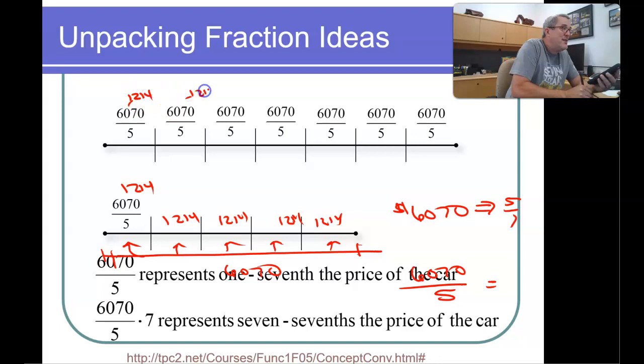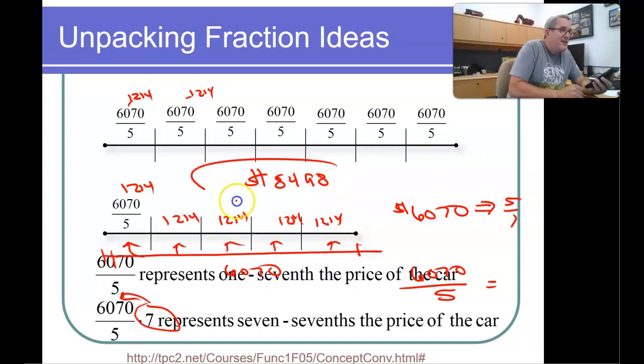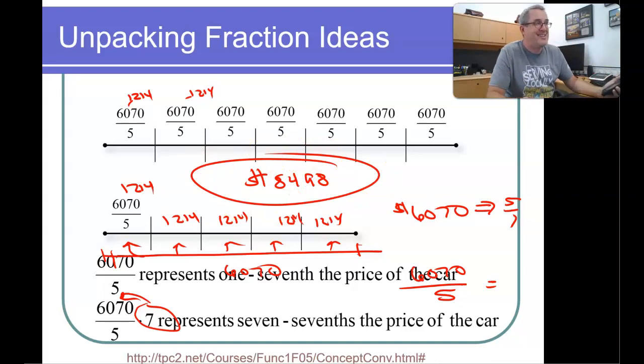I won't do them all. But I have 7 copies of those 1214s, so let's find out what that is. What's 1,214 times 7? 8498. So the price of the car was $84.98.